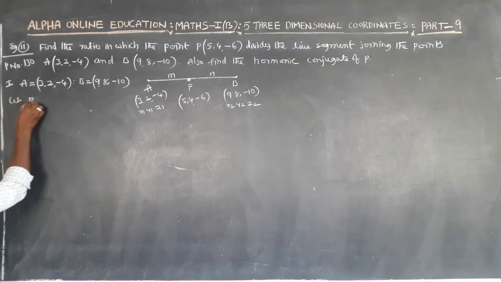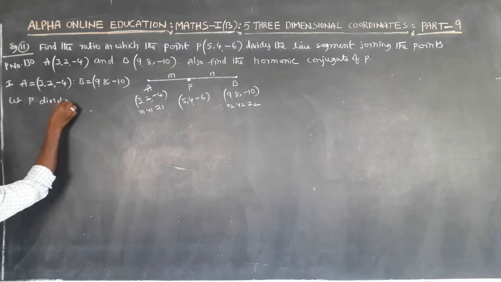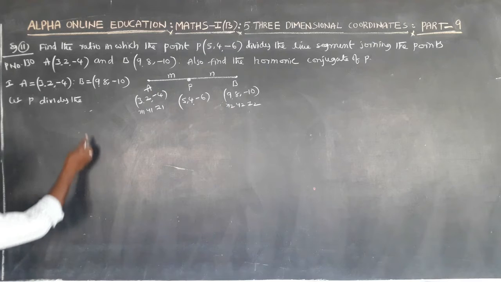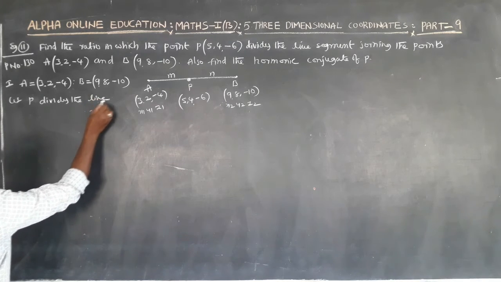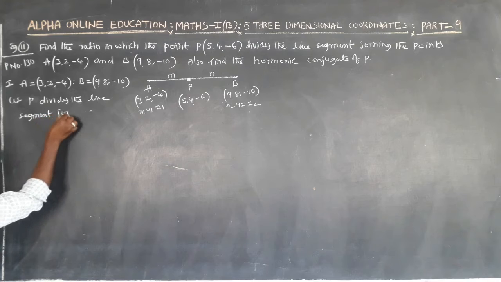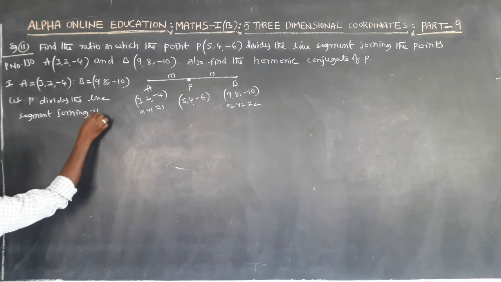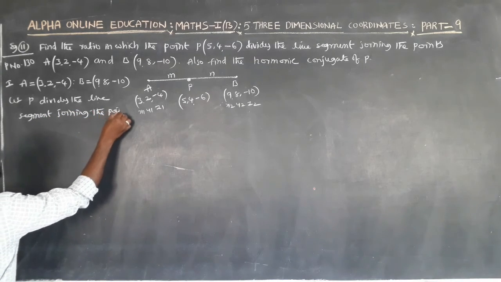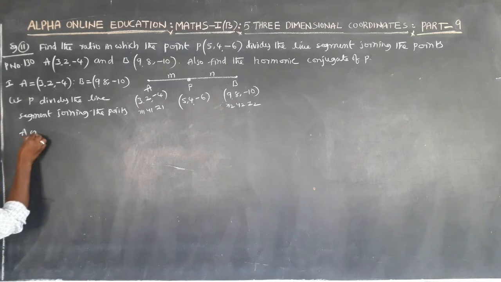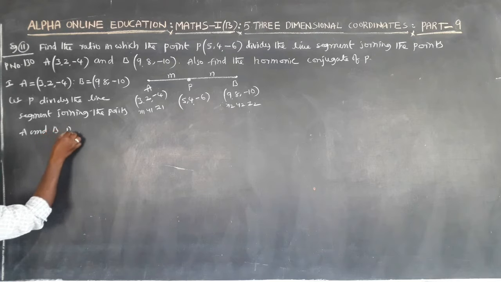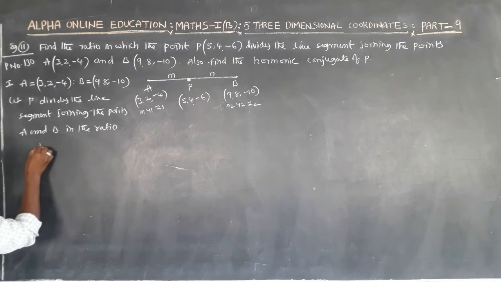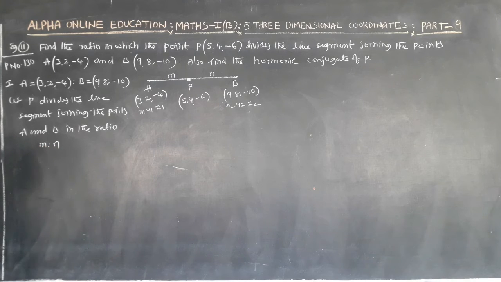Let P divide the line segment joining the points A and B in the ratio m is to n.